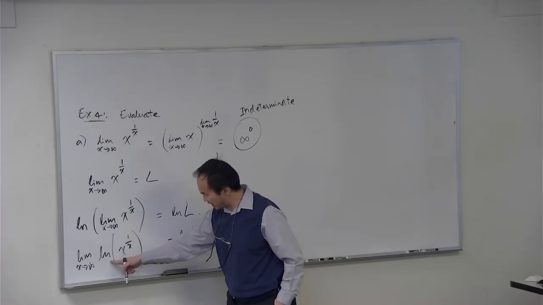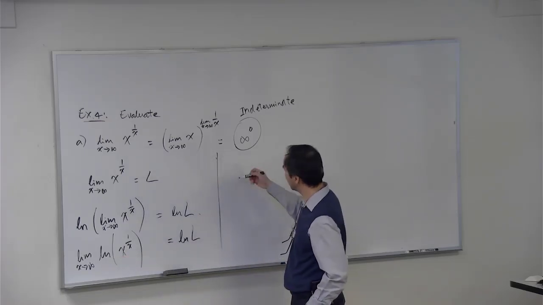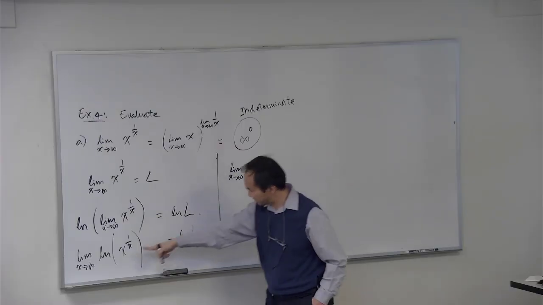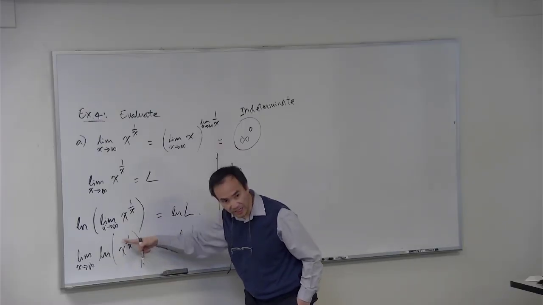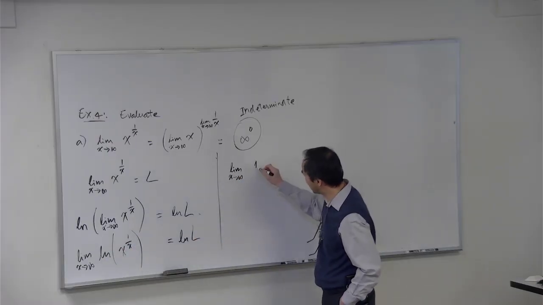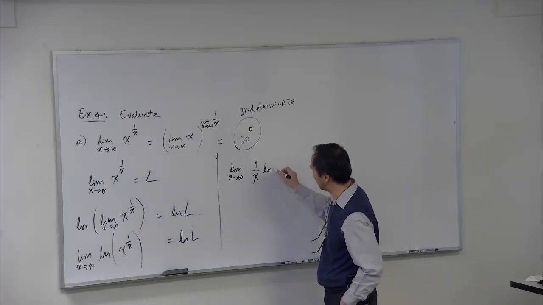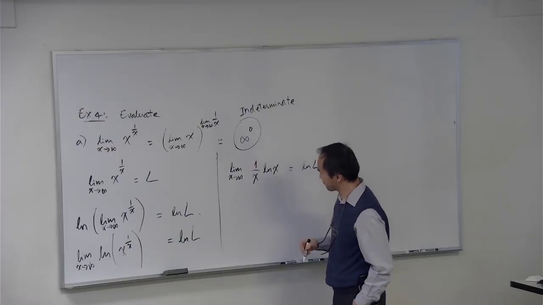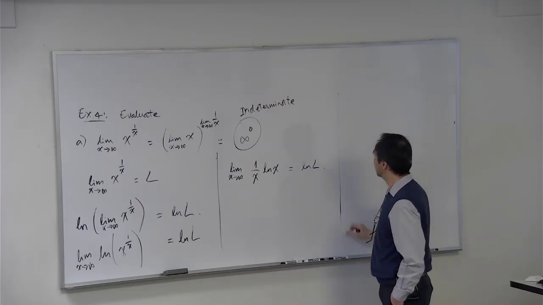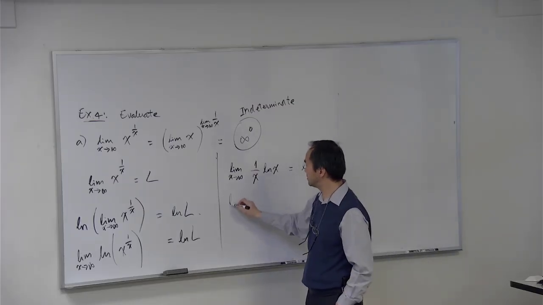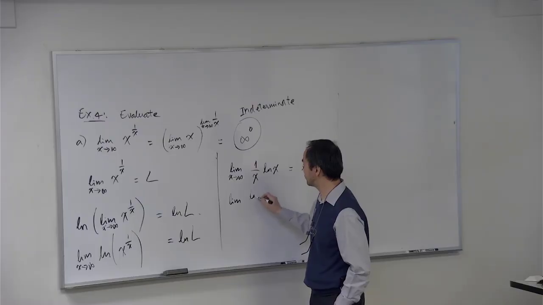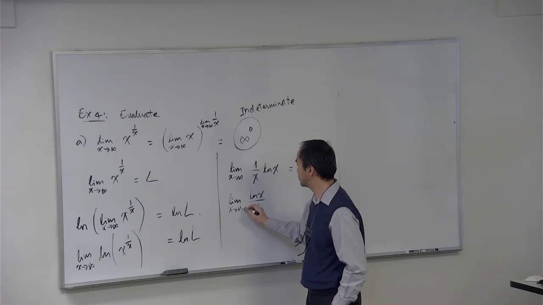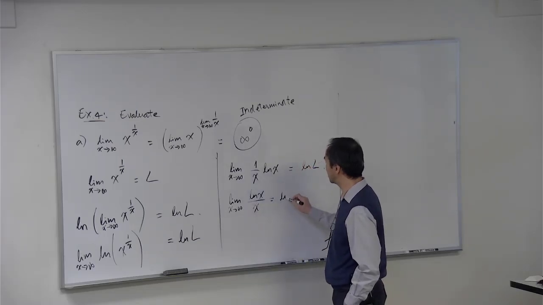On the left-hand side, the limit as x goes to infinity of the natural log of x to the 1 over x can be rewritten algebraically as 1 over x multiplied by the natural log of x. Another form of that is the limit of natural log of x over x as x approaches infinity, which equals the natural log of L.